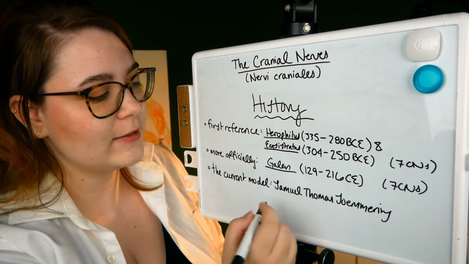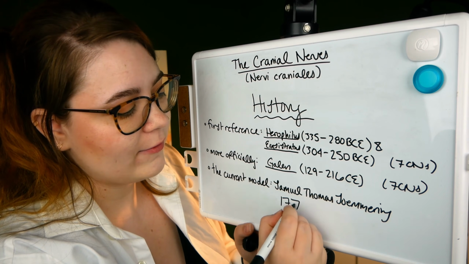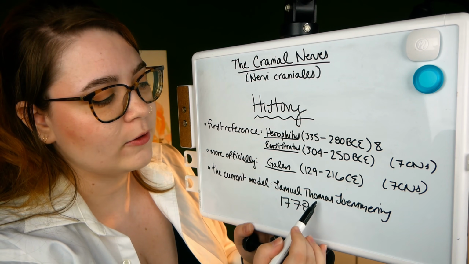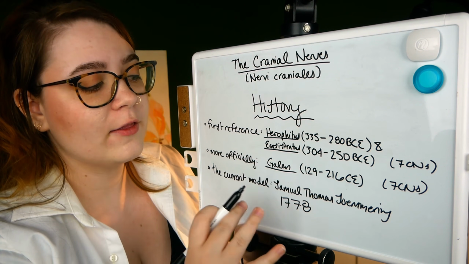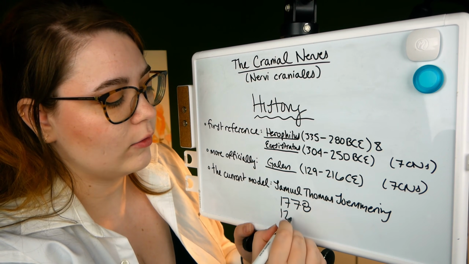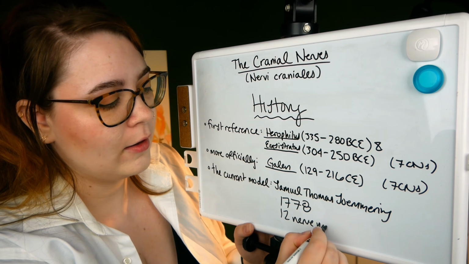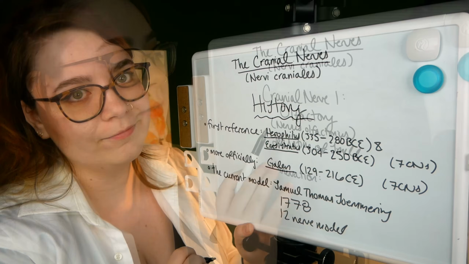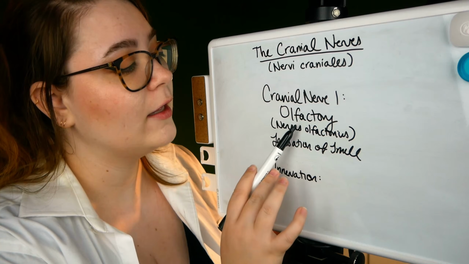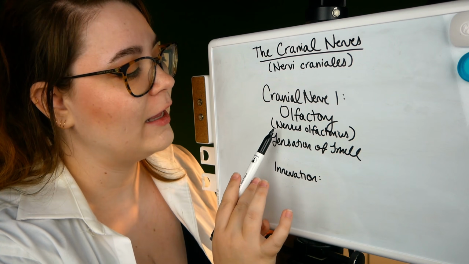However, it's not until 1778, with the work of Samuel Thomas Sommering, that we get the commonly accepted 12-nerve model.